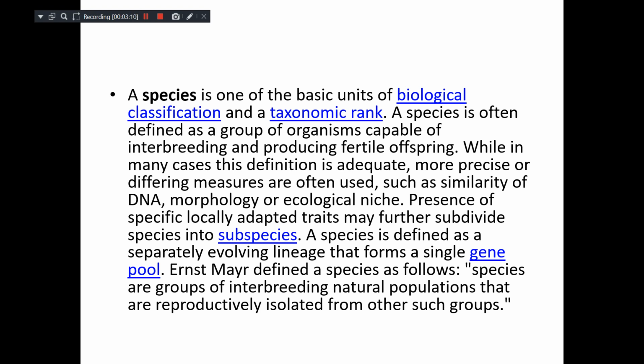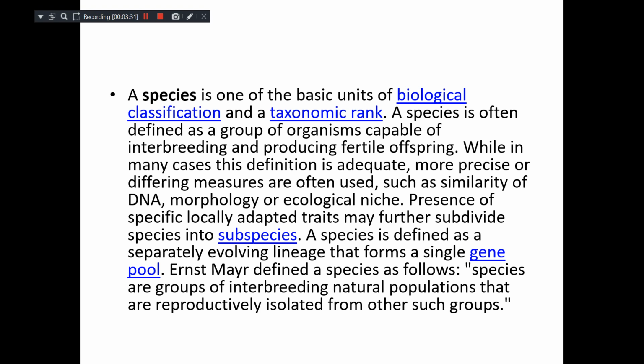Undoubtedly, being the basic unit, species is also a rank.